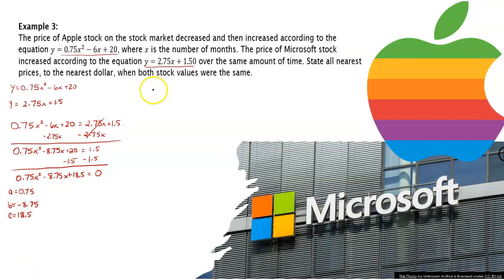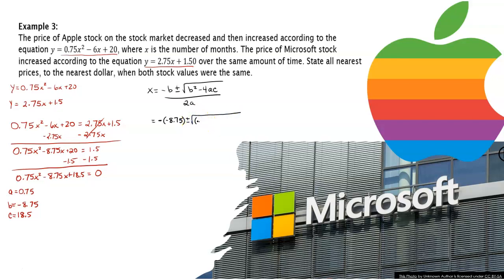Let's plug it all into the quadratic formula. x equals negative b plus or minus the square root of b squared minus 4ac, all divided by 2 times a. So this becomes the negative of negative 8.75 plus or minus the square root.